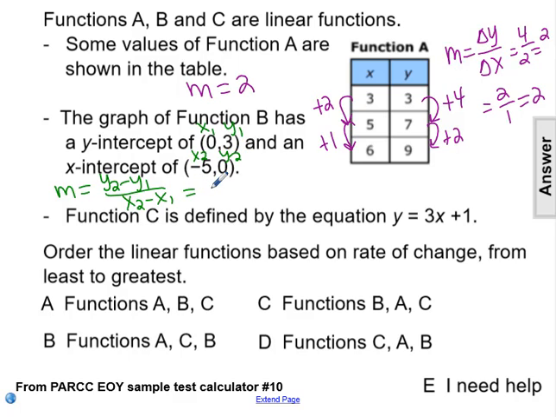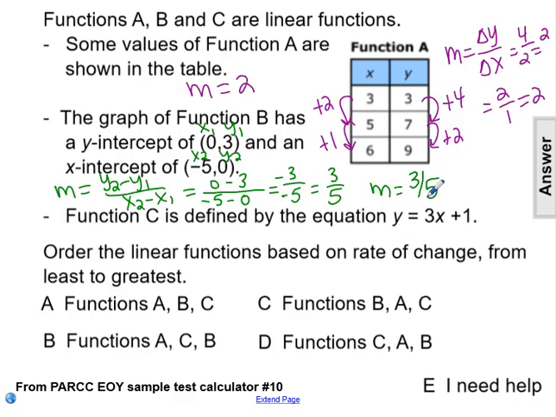So that gives us 0 minus 3 over -5 minus 0, which is -3 over -5, which is 3/5. So the slope of function b is going to be 3/5.